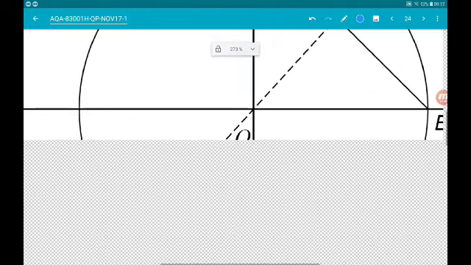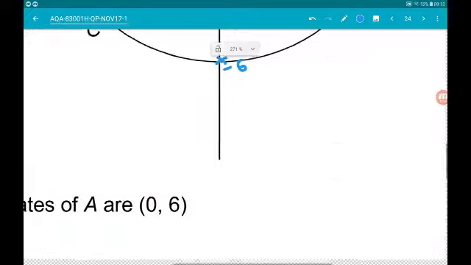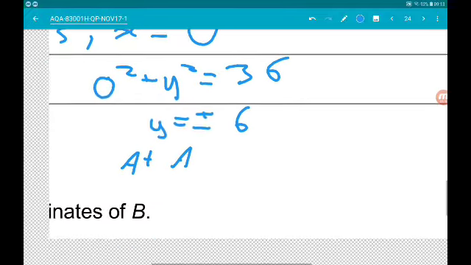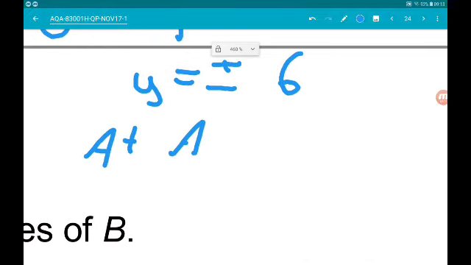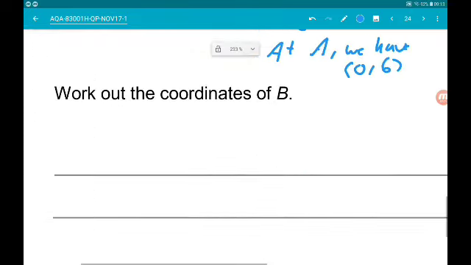The minus 6 is telling us the y-coordinate there, so that would be minus 6. So at A, we have 0, 6 as our coordinates.